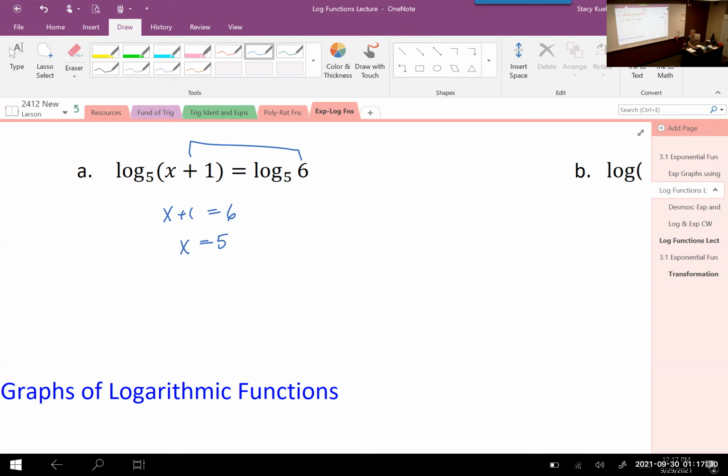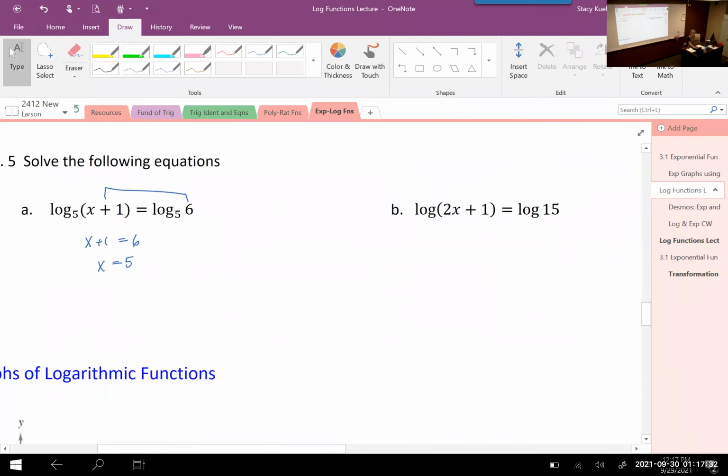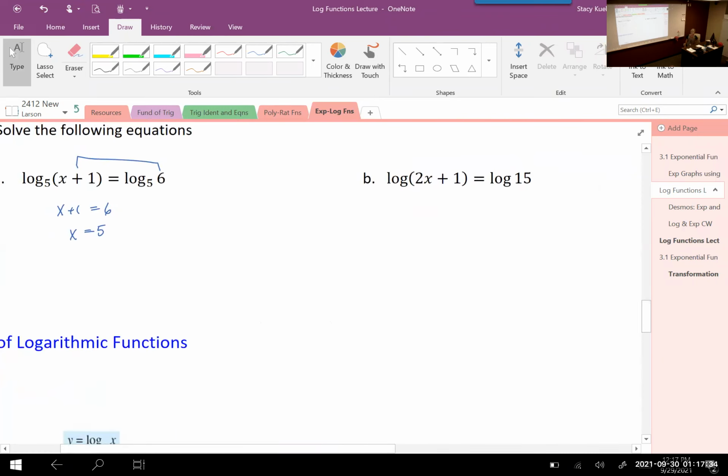Okay, let's look at another one. Log of 2x plus 1 is equal to log of 15. Right, the logs are the same, so we apply the one-to-one property. They're both log base 10, so 2x plus 1 is equal to 15, or 2x is equal to 14. Therefore, x is equal to 7.